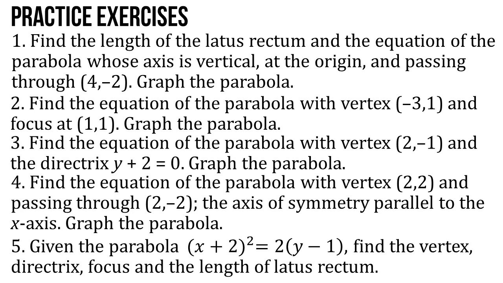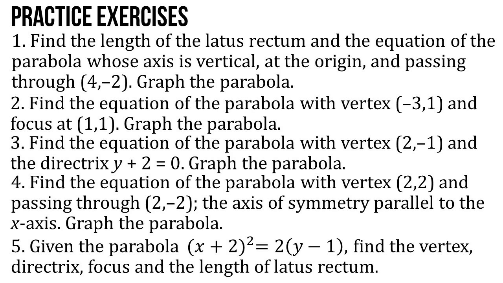Now it's your turn for practice exercises. Number 1, find the length of the latus rectum and the equation of the parabola whose axis is vertical at the origin and passing through 4, negative 2. Then graph the parabola. Number 2, find the equation of the parabola with vertex negative 3, 1 and focus at 1, 1. Then also graph the parabola. Number 3, find the equation of the parabola with vertex 2, negative 1 and the directrix y plus 2 equals 0.